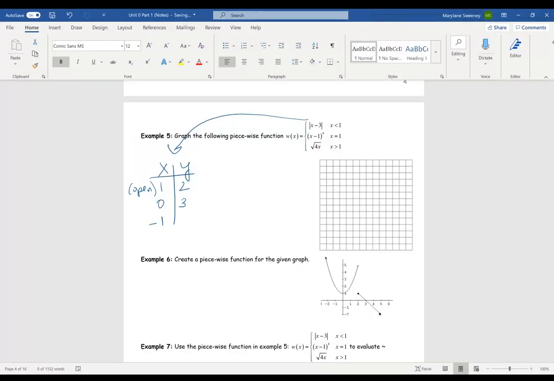And then negative 4, but the absolute value is positive 4. Okay, so 1, 2, open circle, 0, 3, negative 1, 4. And that's an absolute value function, which looks like a V. So we're just getting this part of the V. It is almost like a line, but it's really your absolute value function, which is usually a V like that.